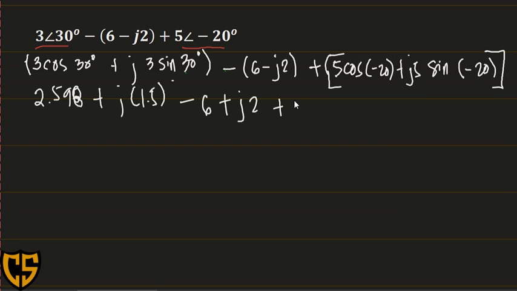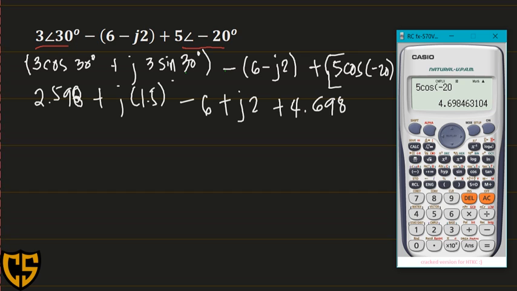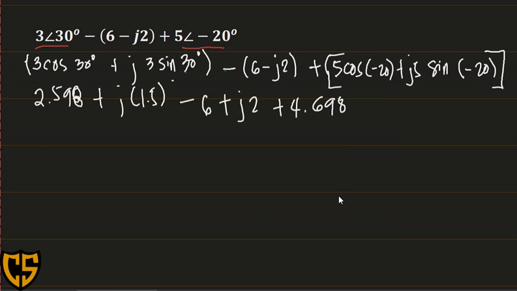Then let's have 5 sine negative 20. So this is equal to negative 1.710. So we have it now.